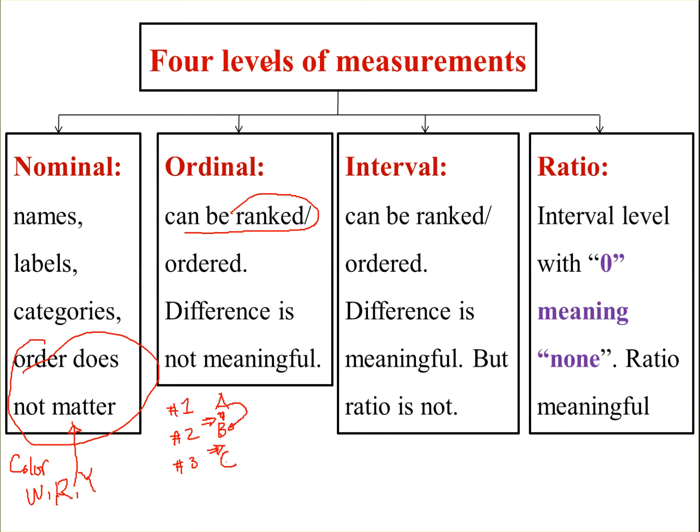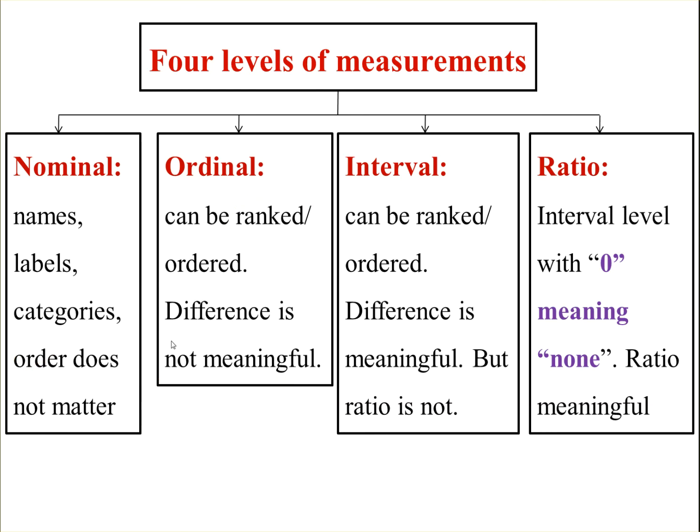And what's the difference between B and C is not known. Maybe these 2 are very close and much better than C. Or maybe A is much better than B and C are pretty comparable. So that's an ordinal. The rank is a typical one.